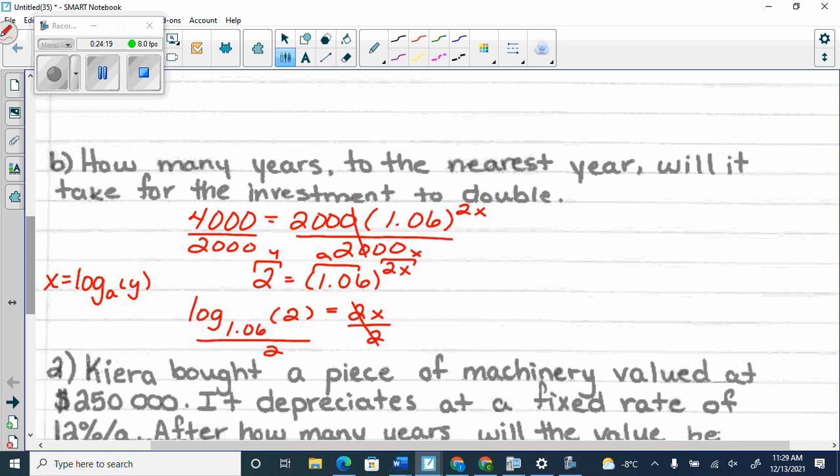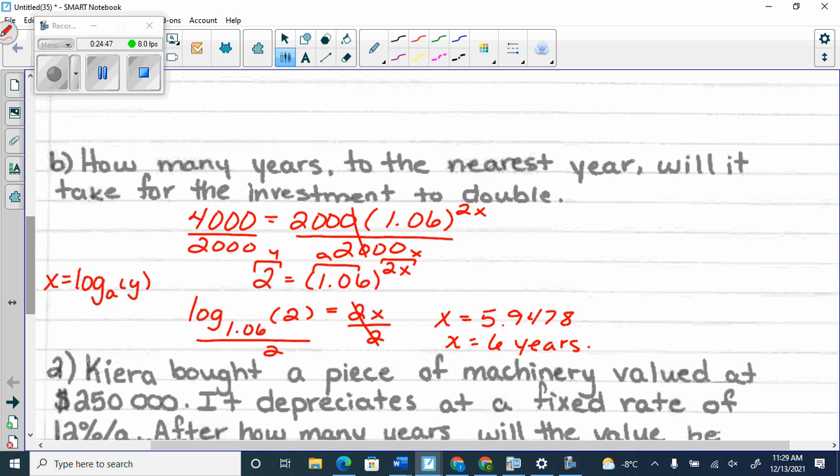You can also do it on your calculator, right? Log 2 divided by log 1.06, divided by 2, and I get 5.9478, which is 6 years. So could we y1, y2 it right here and find out where they intersect? Absolutely.